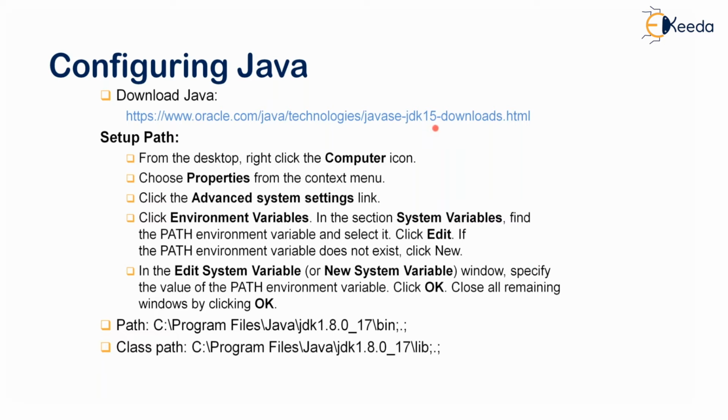Please make sure that you are downloading the JDK, not the JRE. JDK stands for Java Development Kit, and this is exactly what you require. After downloading this, you have to install it. Now let me show the procedure to install Java on a Windows machine.